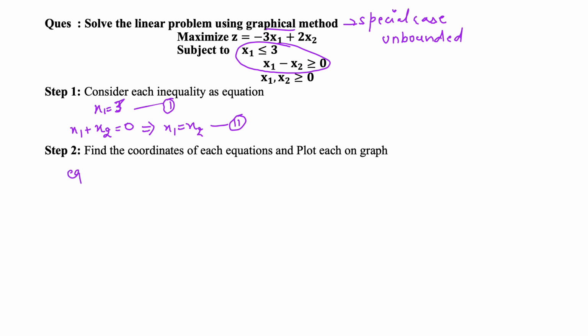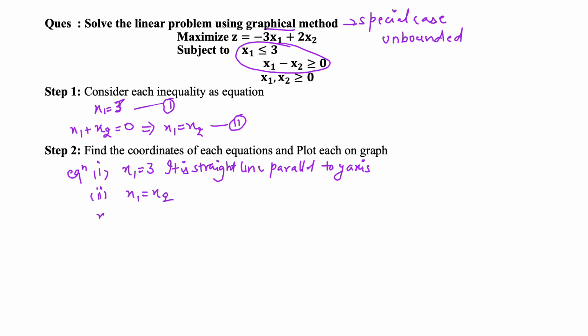First I will consider equation 1, x1 equals 3. It is basically a straight line parallel to the y-axis. For the second equation, x1 equals x2. Suppose I put x1 equals 1, then x2 will be 1.